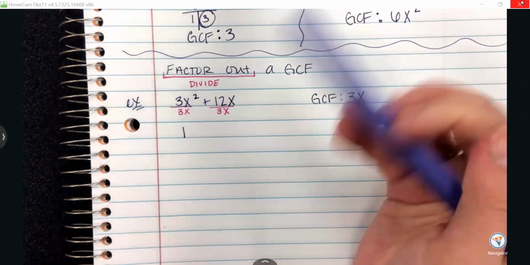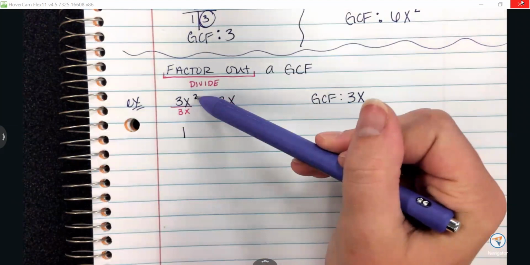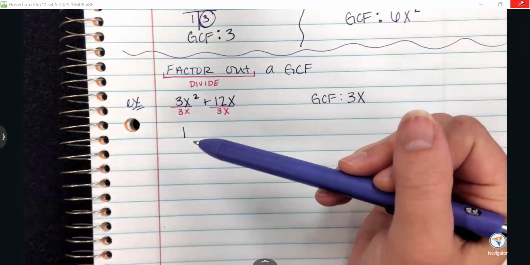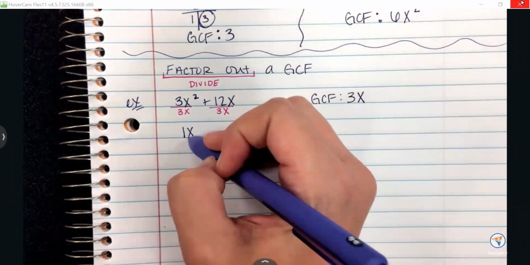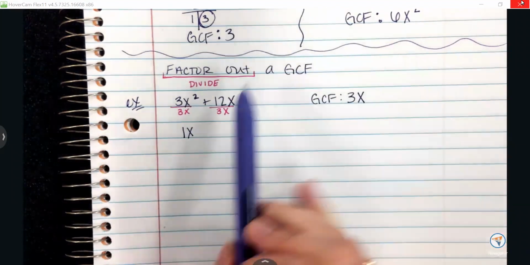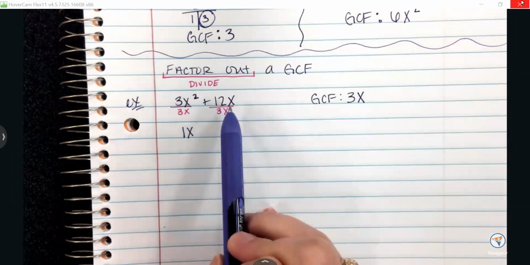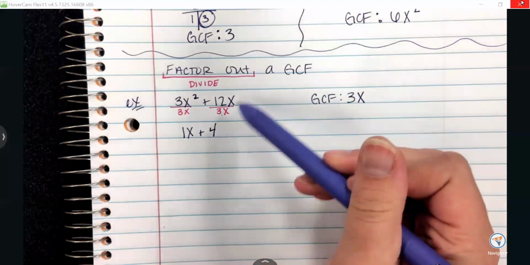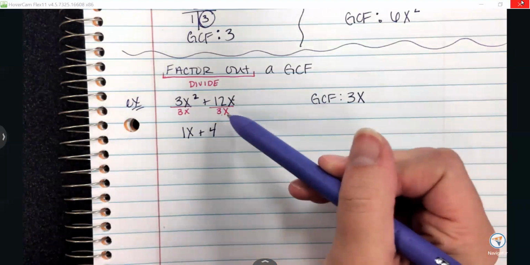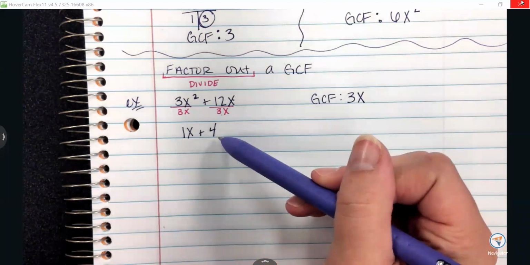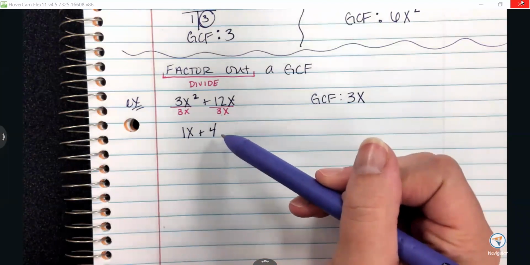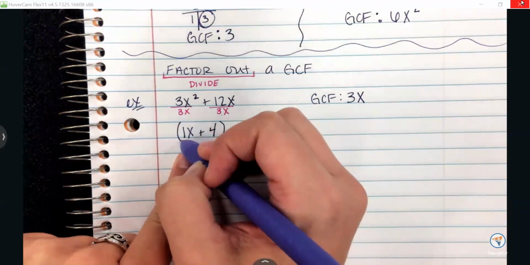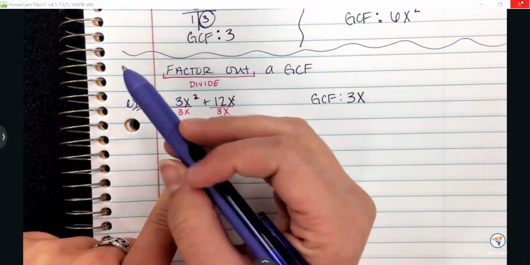Write it. If I have x squared and I take out an x, how many x's do I have left? So just an x. What is positive 12 divided by 3? Positive 4. If I start with 1x and I take 1x out, do I have any x's left? No. So this is what is left over when I factor out my GCF.